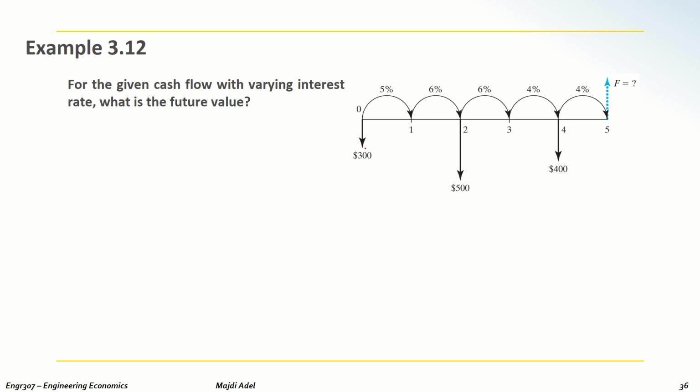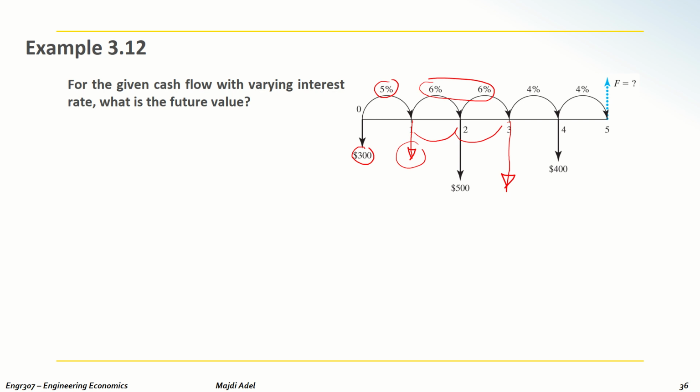For the $300, we are going to compound it for 1 year at 5% interest rate. For the next 2 interest periods, the interest rate is the same, 6%. So this one, which is equivalent to 300 at n equals 0, we are going to compound it for 2 interest periods at 6%. You will get this value.